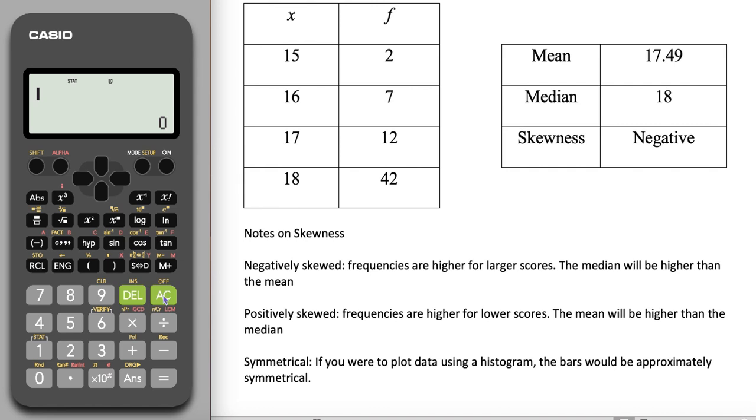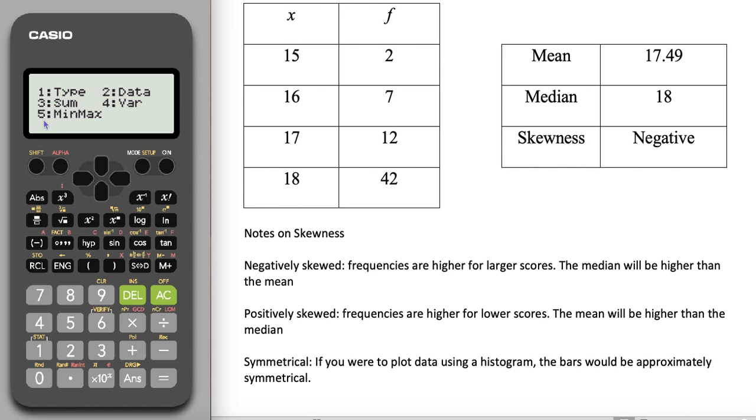Now we're ready to retrieve our statistics. And this bit is exactly the same as in the previous video. Recall, to get any statistics out of your calculator, you press Shift 1. Now remember that the mean is under variance or var, so it's option 4, and the median is under min-max 5.